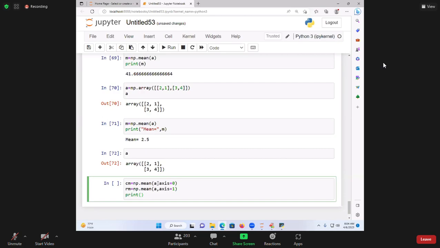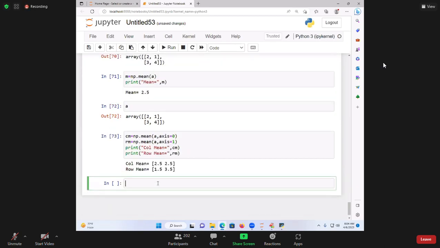Print column mean is equal to, comma, CM. Print row mean is equal to, RM. So see that, students, 2.5, 2.5, 1.5, 3.5, this one is getting.